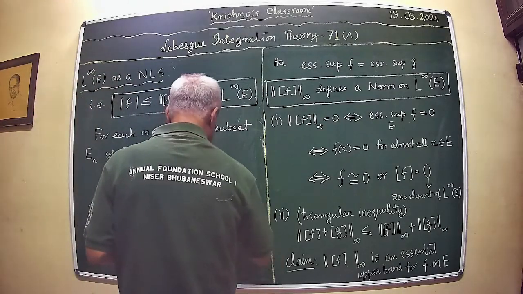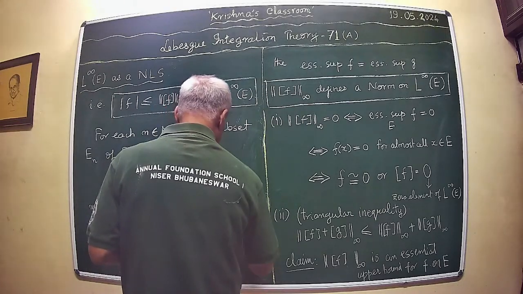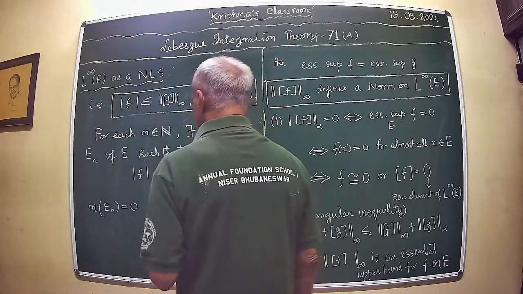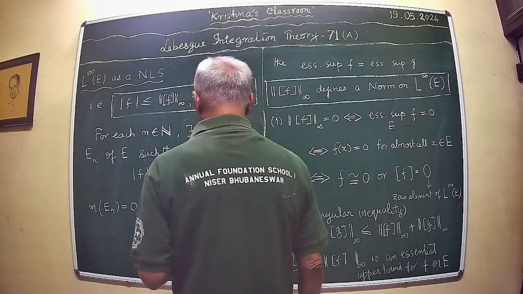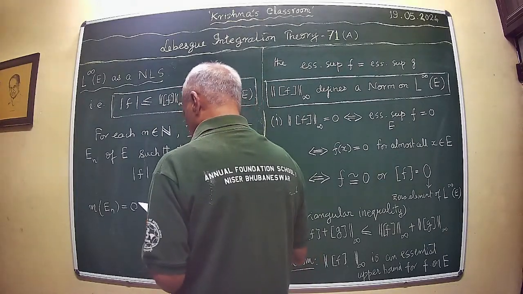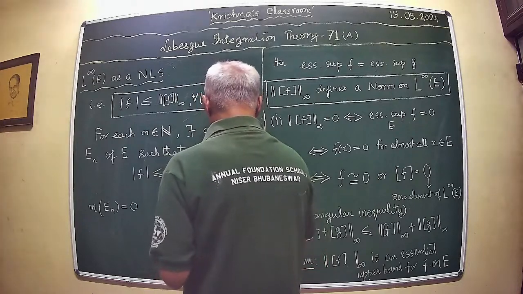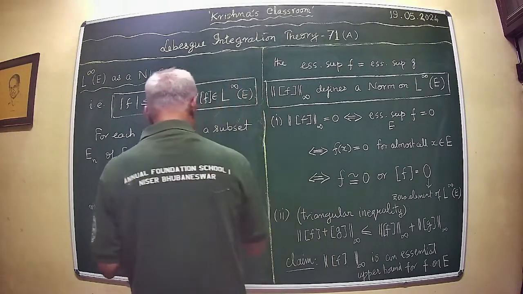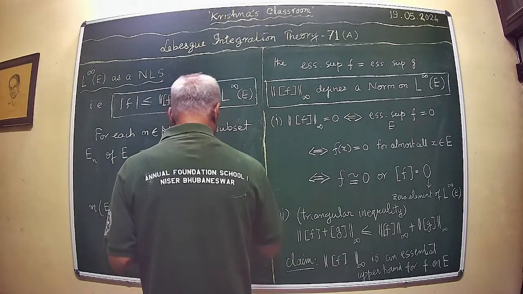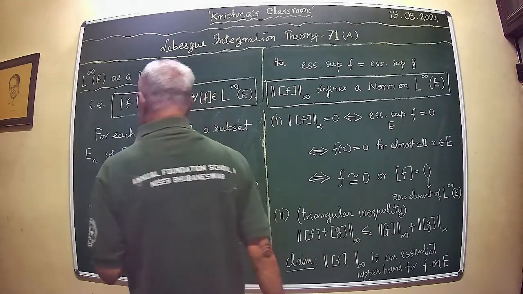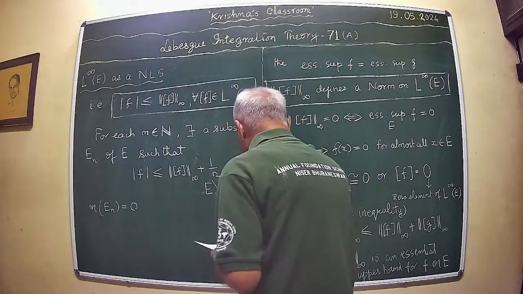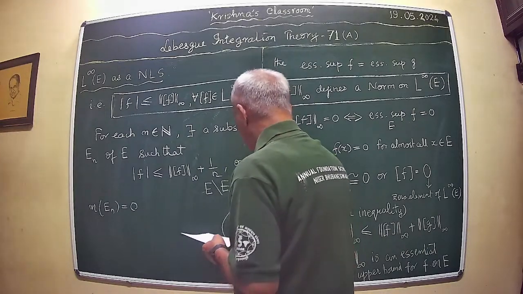Now I am using a schematic diagram. Let's be precise, on E minus En, with measure of En 0. So measure of En is 0.